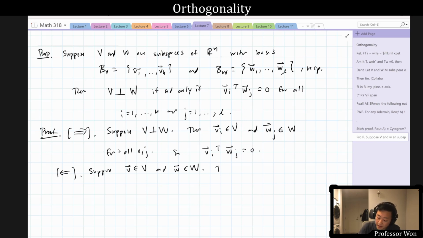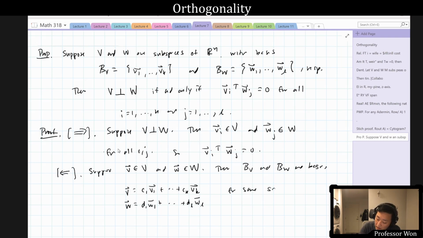Then since B_V and B_W are bases, v is equal to c1 v1 plus ... plus ck vk, and w is equal to d1 w1 plus ... plus dl wl, for some scalars ci and dj.